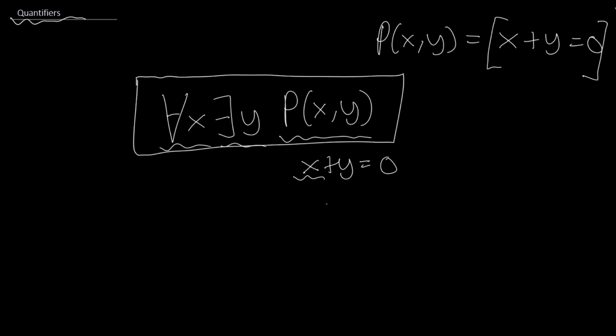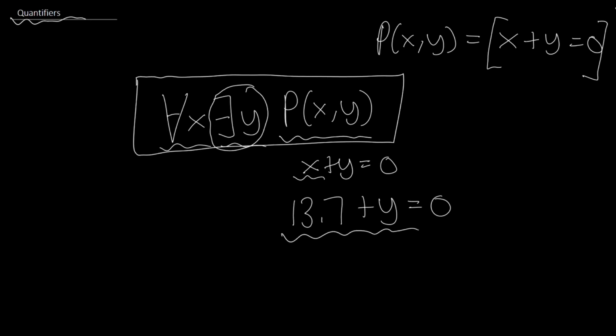So let's pick a really random value for x, and let's go with 13.7. So this means if I add 13.7 with y, then there exists at least one value of y for which this statement is true. Does y exist? Well, yeah, y is negative 13.7, so this statement checks out. There does exist at least one y value that makes the statement true.